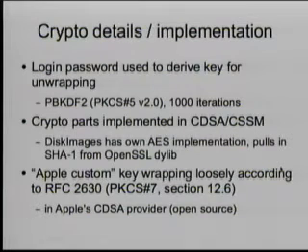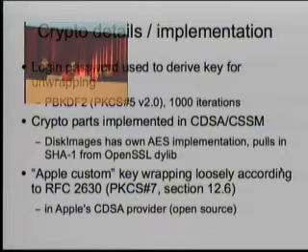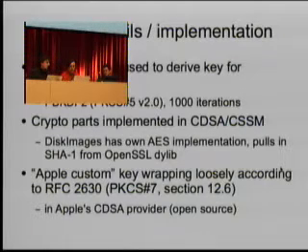That's a very standard algorithm. It's in the RSA PKCS5 series of algorithms. And they use this algorithm, which is parameterized with 1,000 iterations, which is, well, it's kind of low. But you don't want to wait forever for your disk image to attach, so that's probably why they chose a low number of iterations.